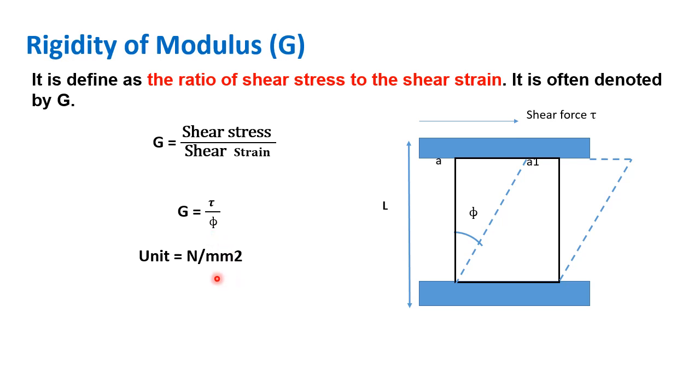The unit of modulus of rigidity is Newton per mm square, because the unit of shear stress is Newton per mm square, and strain is unitless.